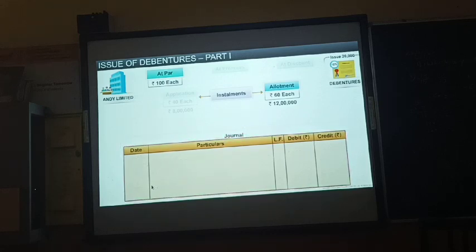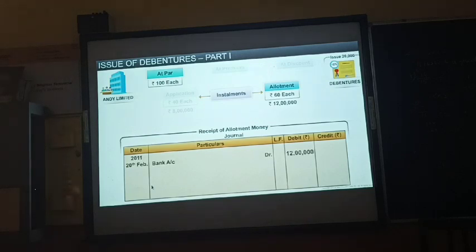The journal entry for the receipt of allotment money on the 20th of February will be bank account, debit, 12 lakh rupees, to 10% debenture allotment account, 12 lakh rupees. The narration for the entry will be amount received on allotment.